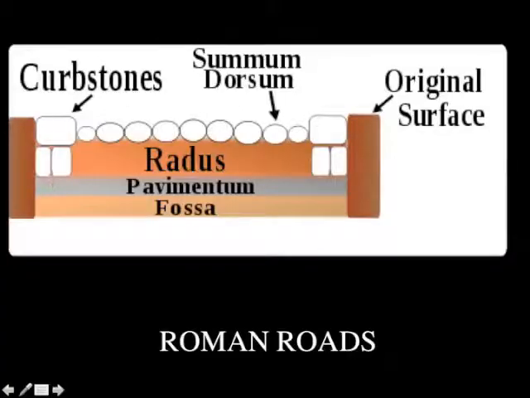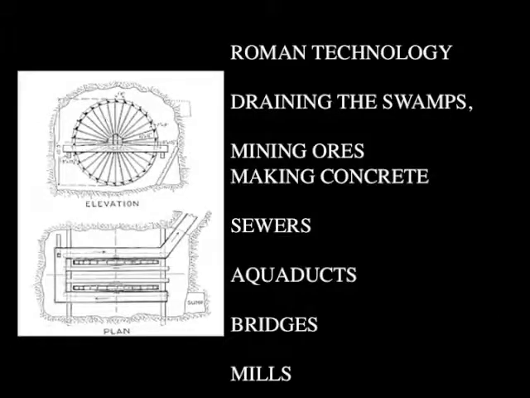And there are different kinds of stones. There are certain flat ones to walk on. There are other ones that water drains through, layer upon layer upon layer. And these are just some aspects of Roman technology: draining the swamps, mining ores, making concrete, building sewers, having aqueducts, building bridges, making mills that run through water power.